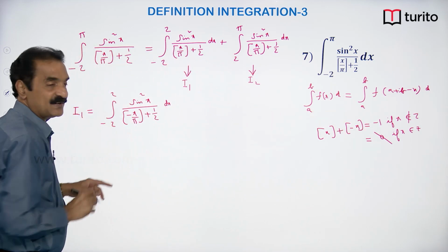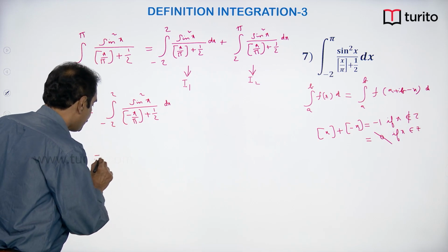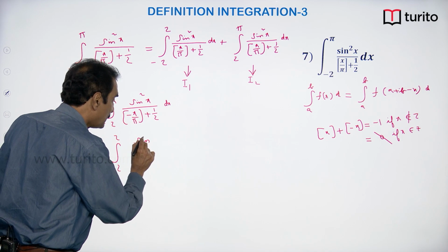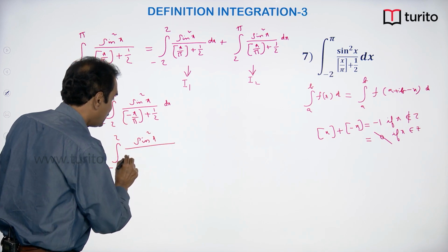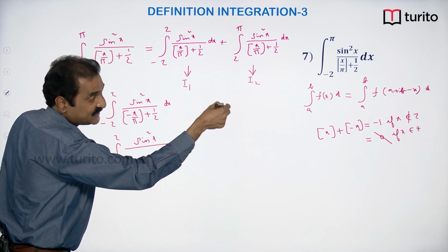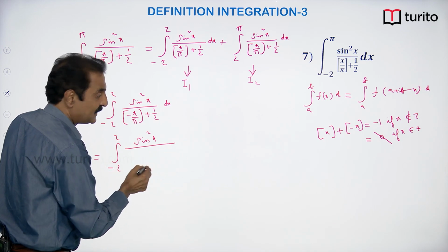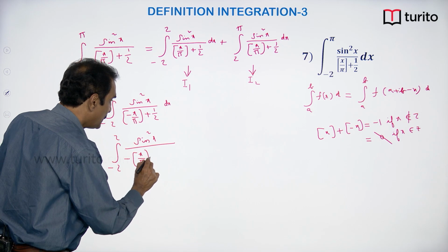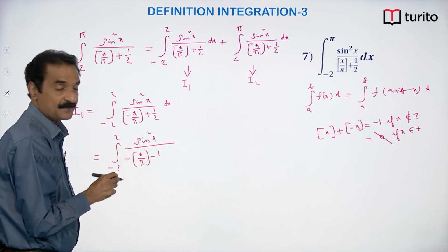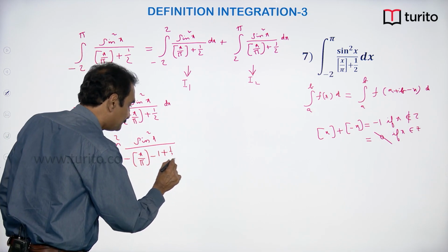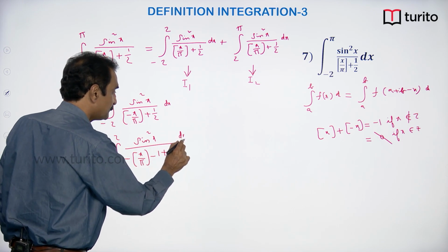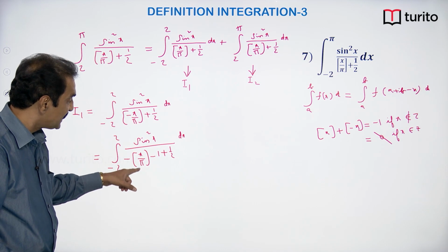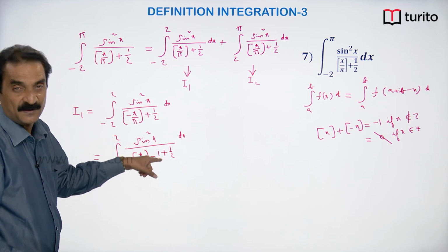So I will write this denominator as integral minus 2 to 2 sine square x by integral part of minus x is minus 1 minus integral part of x now. So minus integral part of x by pi minus 1 I will write plus 1 by 2. Now denominator is minus integral part of x by pi minus 1 by 2.